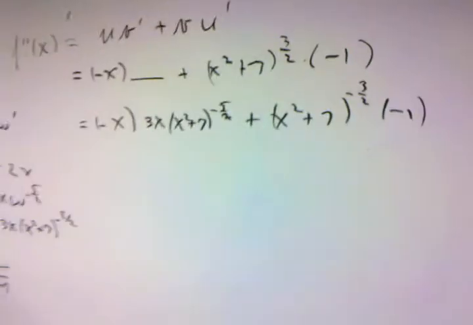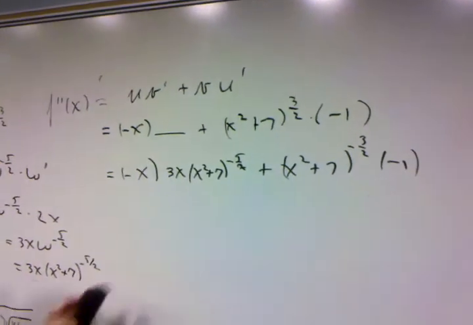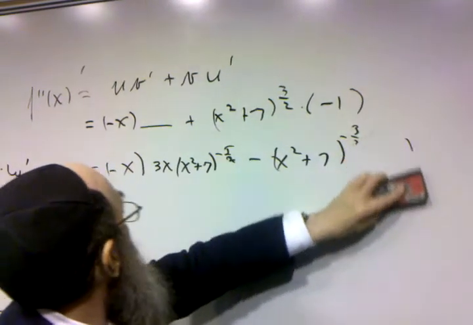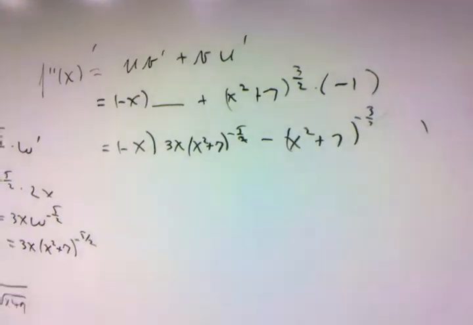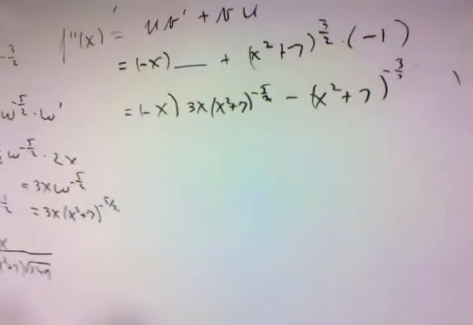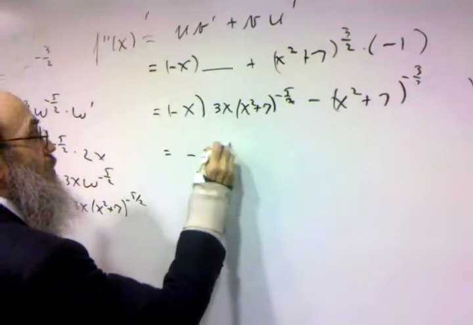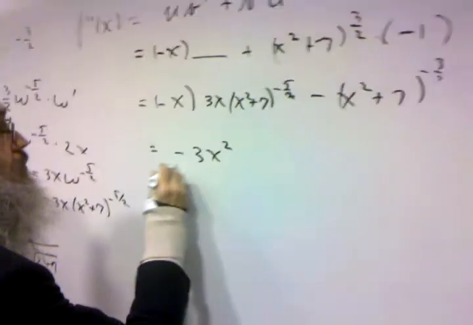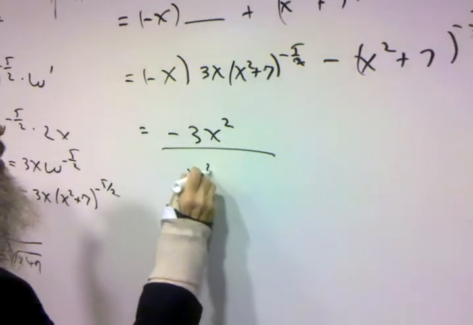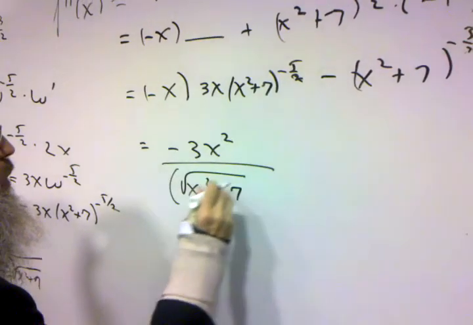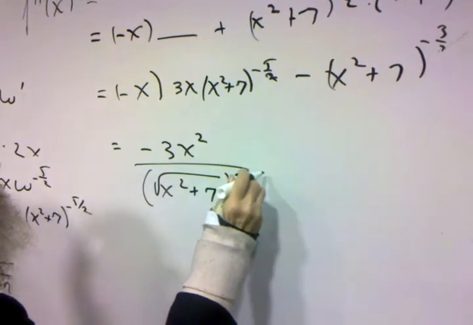So the same times minus 1, I'll just subtract it. I'll just write this here and erase this minus 1. That is going to be the derivative f double prime. Let's simplify a little bit. This equals minus 3x squared. Put this on the bottom. X squared plus 7, the square root of that, all raised to the 5th power.